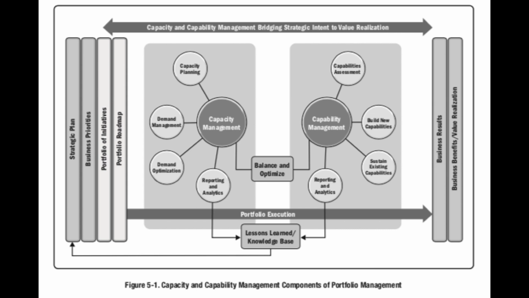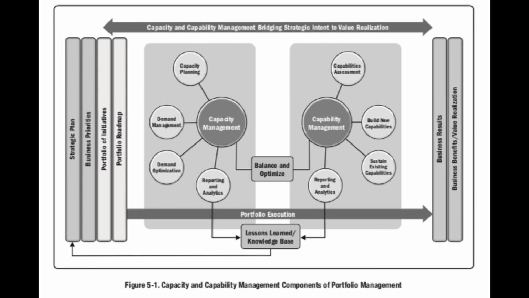Finally, reporting and analytics are critical to capability management. How do you know if your capability building efforts are paying off? How do you track whether your team's skills are improving or if there are still gaps that need addressing? PMI recommends organizations use data and reporting to monitor the effectiveness of their capability strategies.